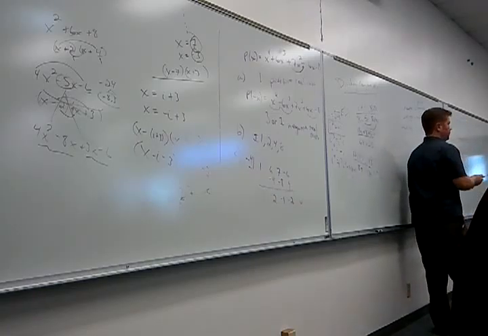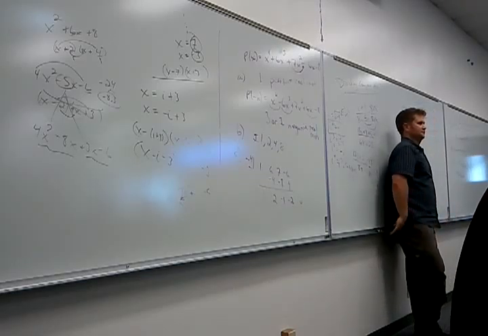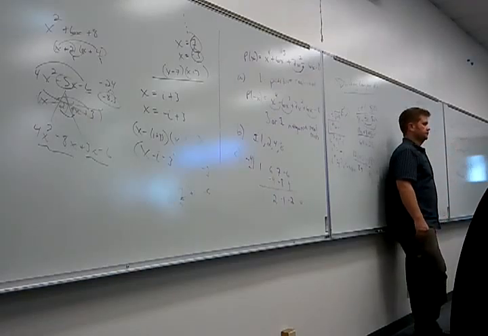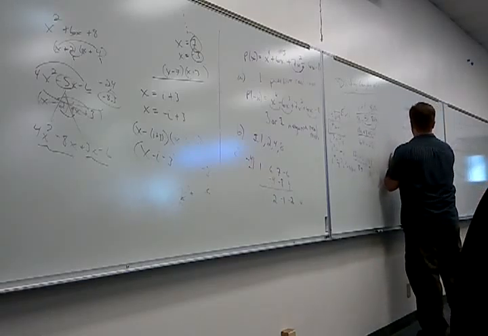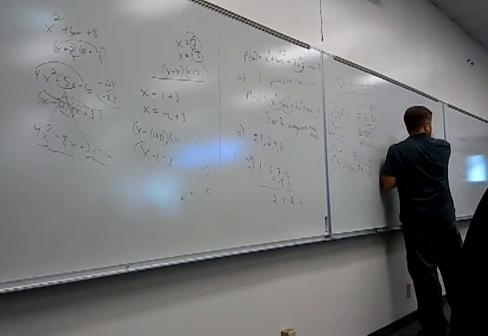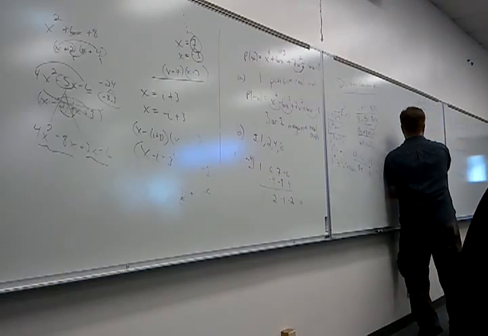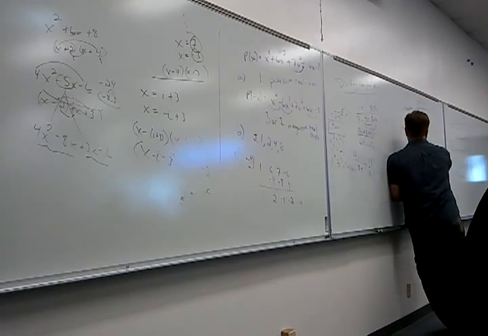And I will tell you straight up, there's an evil part of this problem. Just like x minus 3. Okay, good start. It has to have an x minus 3, doesn't it? If 3 is the root, it's got to have x minus 3. And it's got to have x plus i.